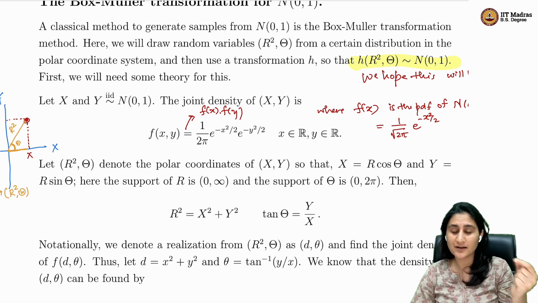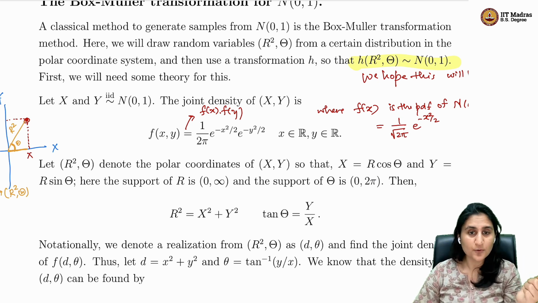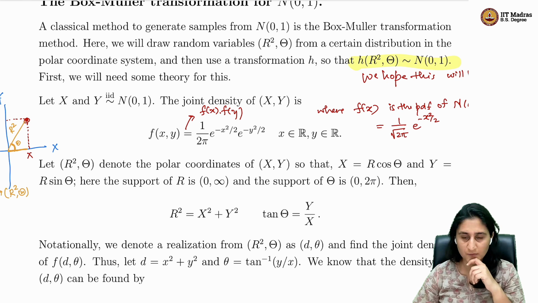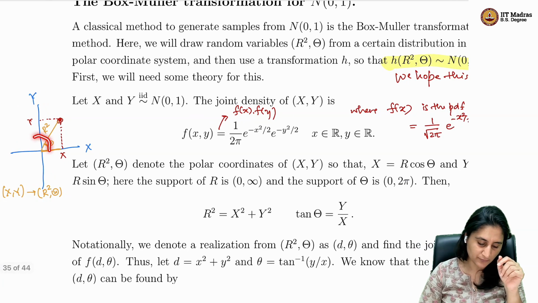Because x and y are random variables, r and theta are also random variables. The support of r is all positive, because distance has to be non-negative, so it's 0 to infinity. Technically, you can include 0 if you'd like to. And the support of theta, the angle, is from 0 to 2 pi.